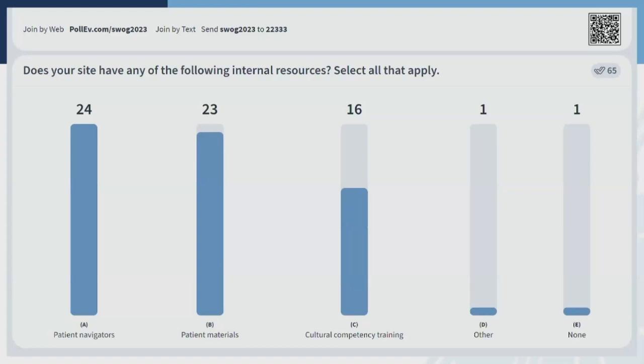So it looks like the majority have patient navigators and patient materials, and many have cultural competency training.